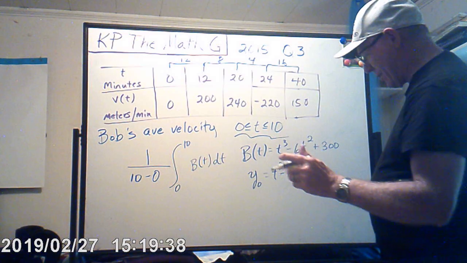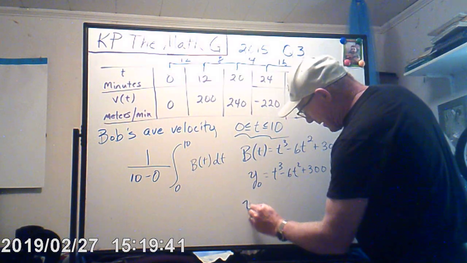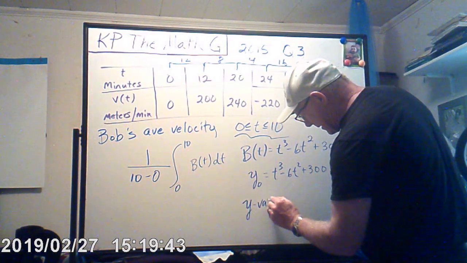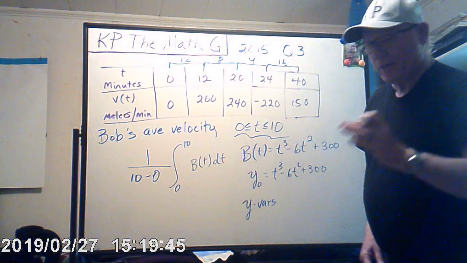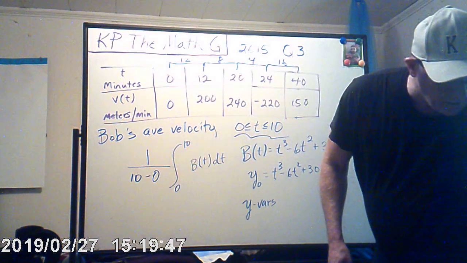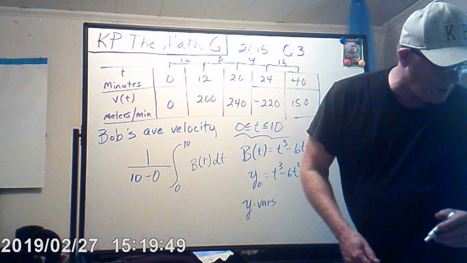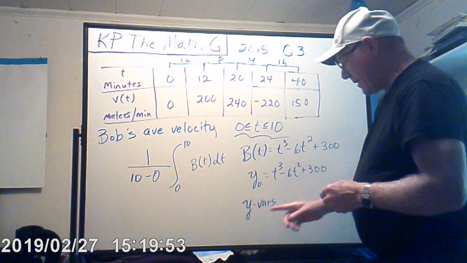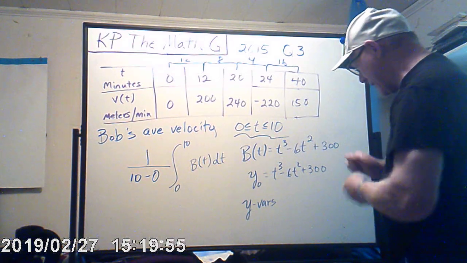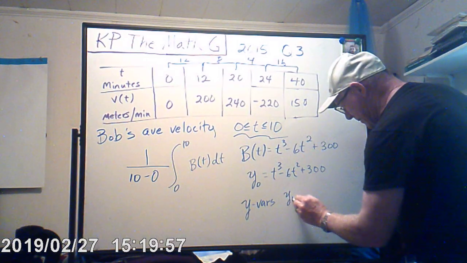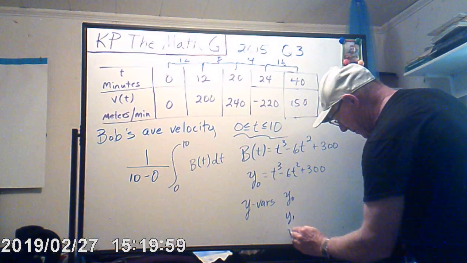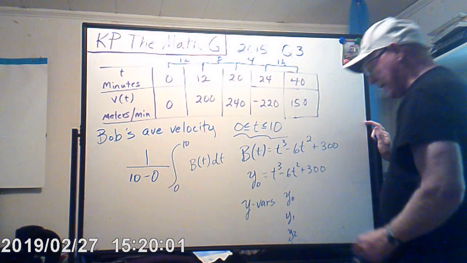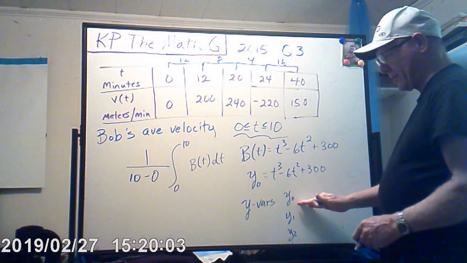And then what I want you to understand is there is a Y-Vars menu. You get to y and then y bars, and I think from there you can get into your problem. Then this list will come up: y0, y1, y2, etc. You're going to choose y of 0.